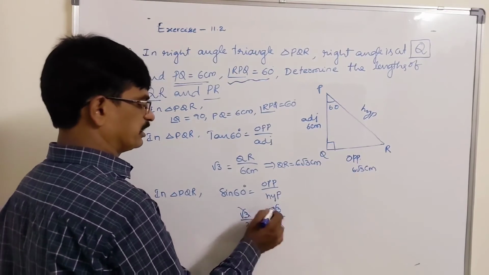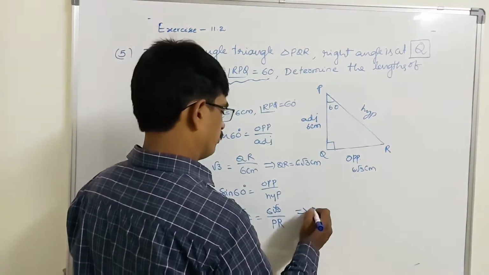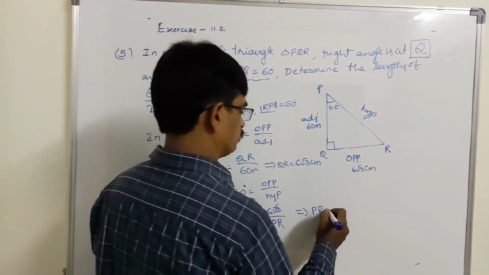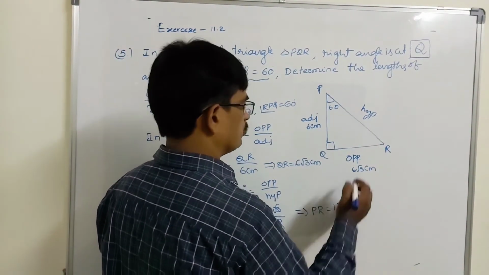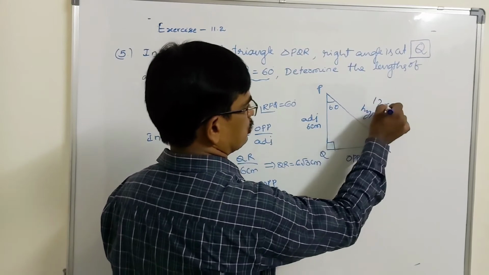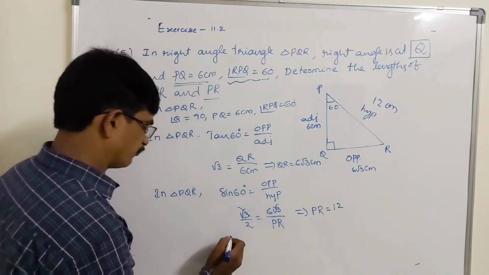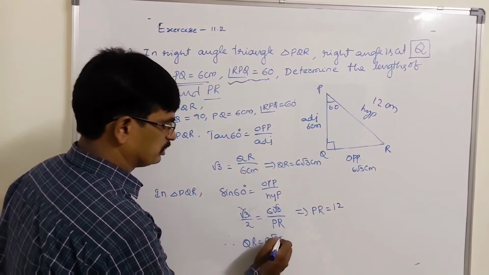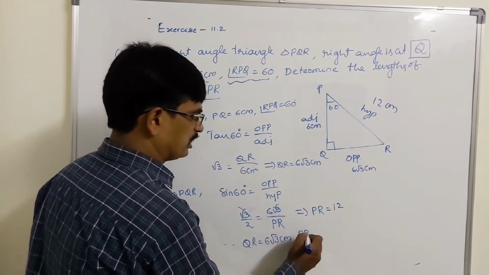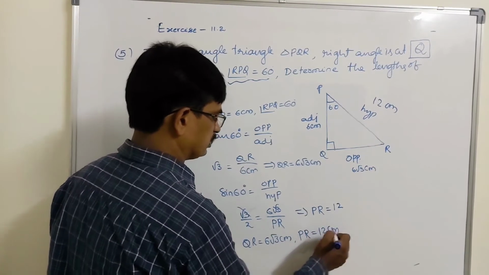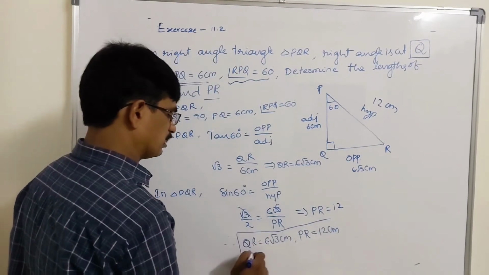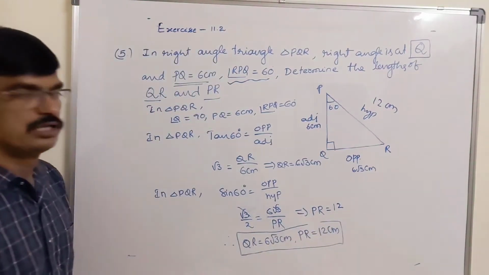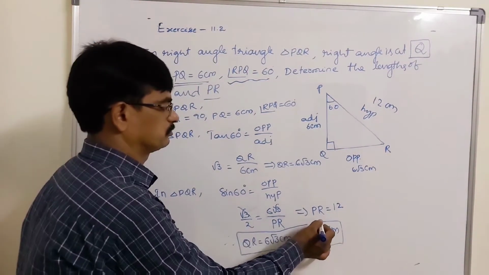Now root 3 cancels out, implies PR is equal to, by cross multiplication, 2 sixes are 12, that is PR is 12 centimeters. Therefore QR is equal to 6 root 3 cm, PR is equal to 12 centimeters. These are the lengths of the other two sides of triangle PQR.